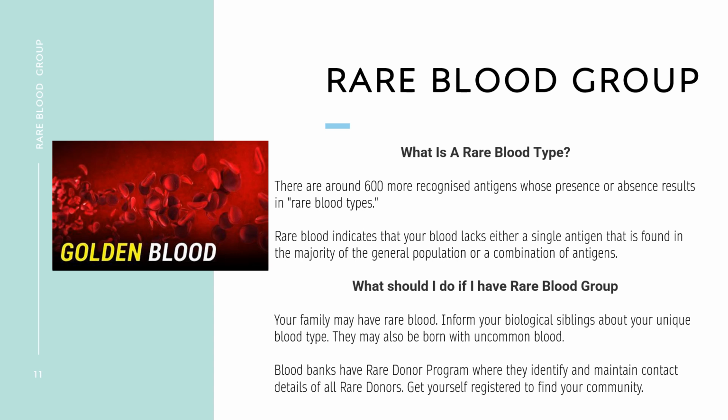So if you know that there is another relative, then you have a fallback option in case there is a need for a blood transfusion at any point in time.